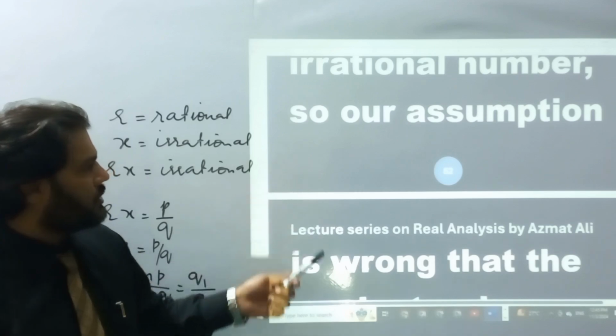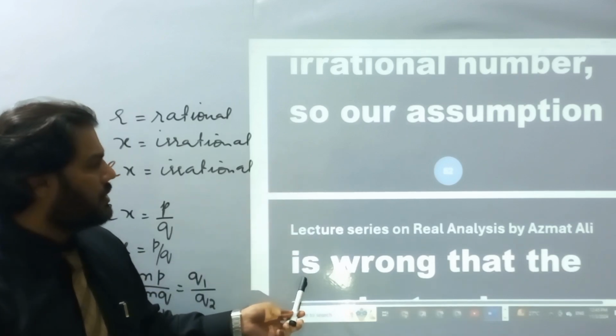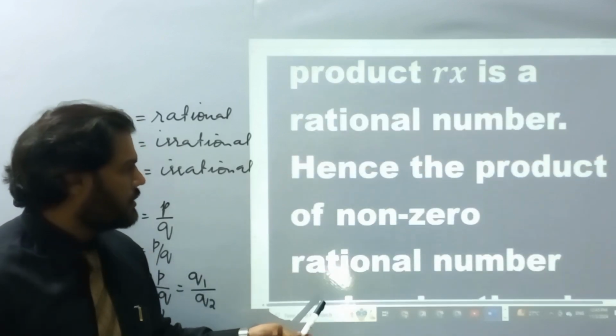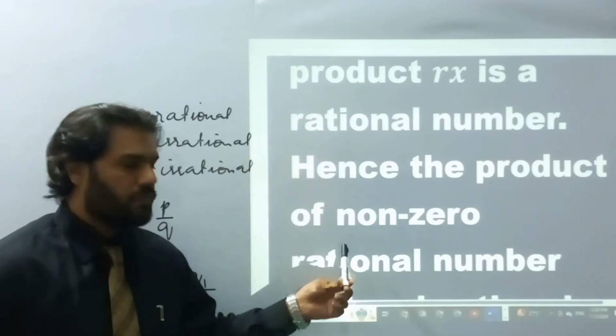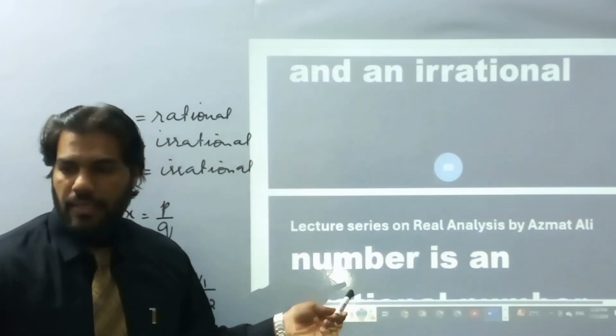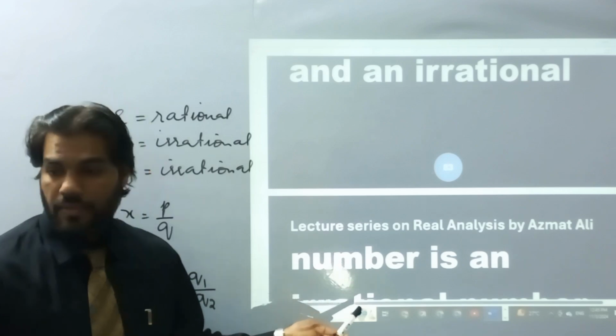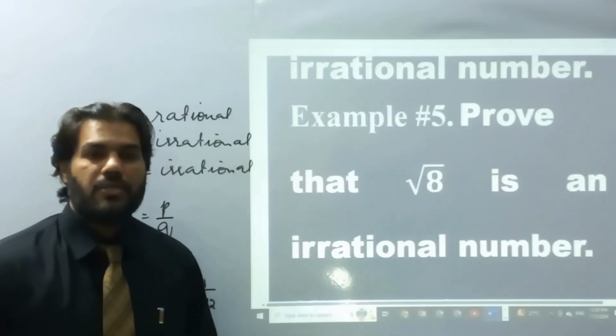So our assumption is wrong, that the product Rx is rational, hence the product of a non-zero rational and an irrational number is always an irrational number.